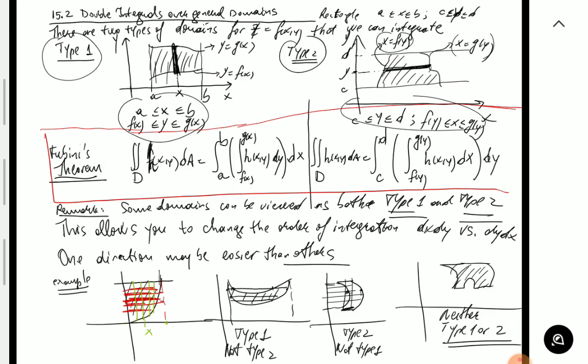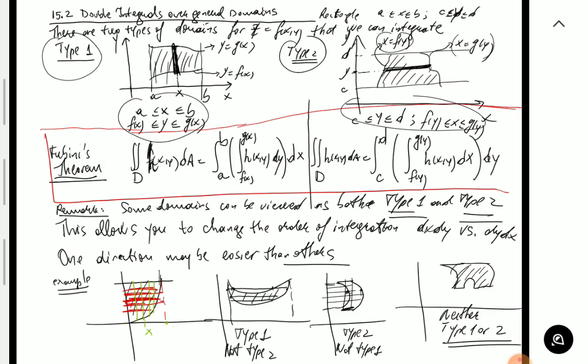Well, you can break them down. You basically split the double integral into a sum of multiple double integrals, and then you break the domain into pieces that are either type 1 or type 2. This often is, of course, easier said than done, but that's one of the approaches you can do.